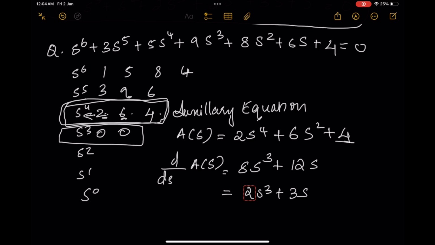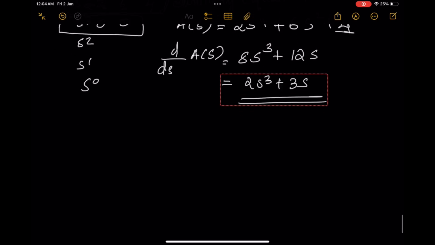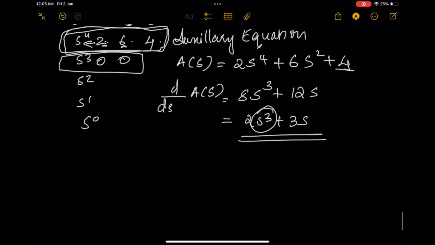I have gotten another equation from the third row, a small equation which starts with s cube. So I'm going to replace this particular row, which has all the 0 elements, with the values of the equation that I have gotten after taking the derivative.